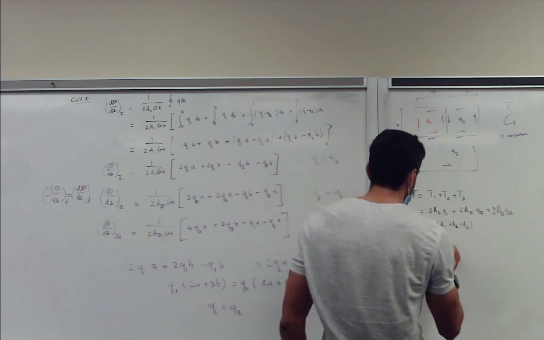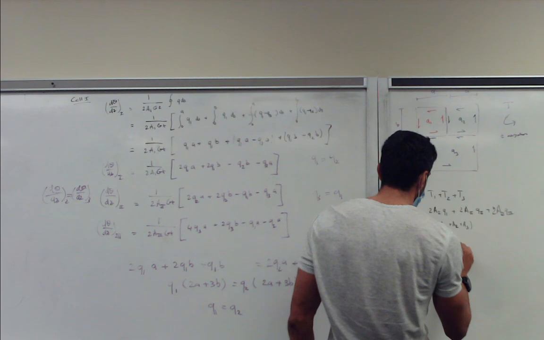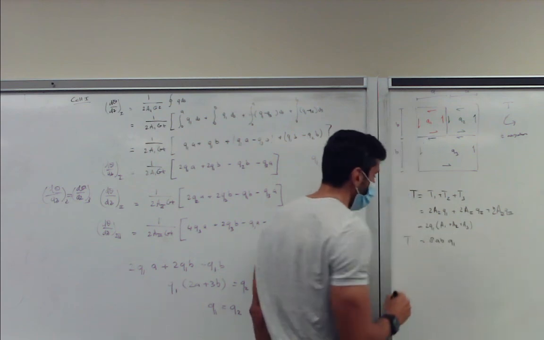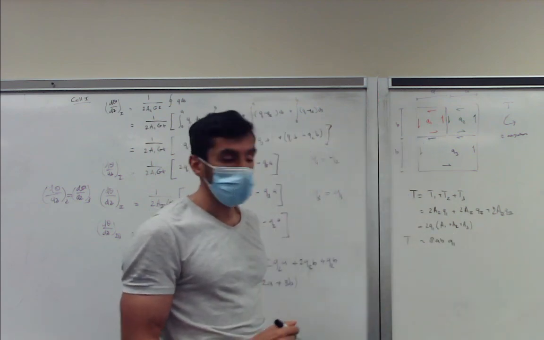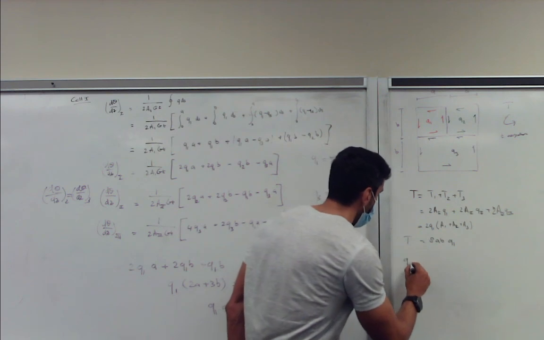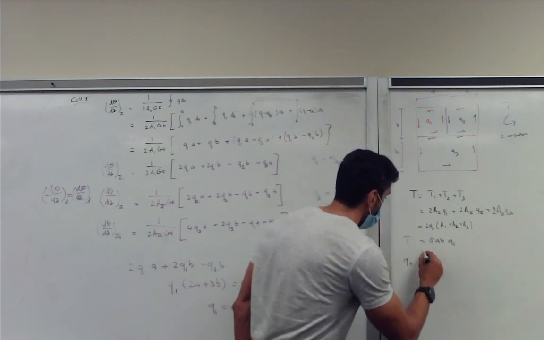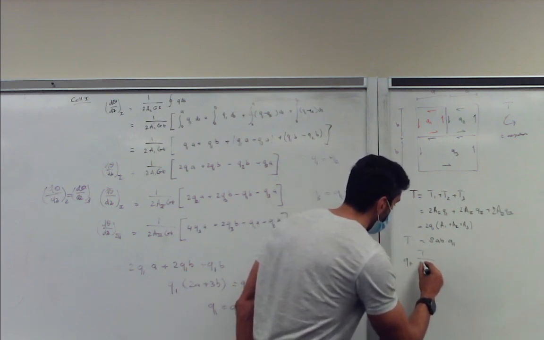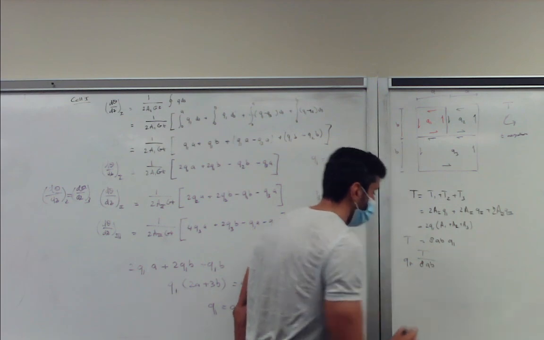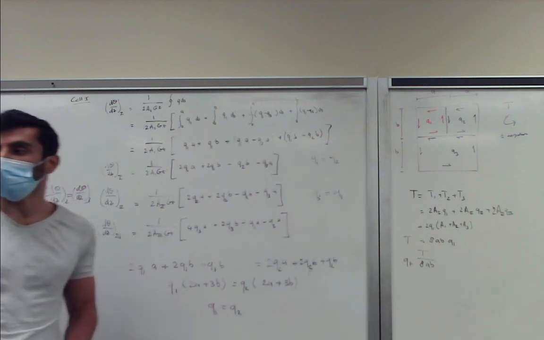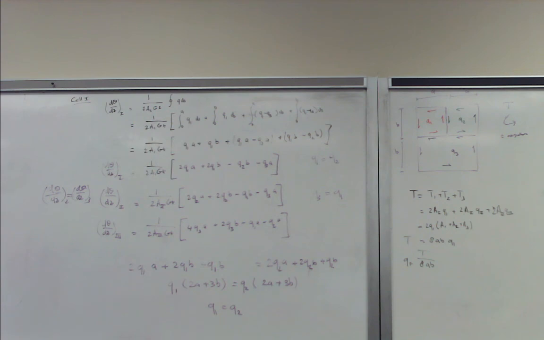So we get 8AB Q1. That's the total torque. If you want to solve for Q1, you get that Q1 is equal to the total torque applied divided by 8AB. That will be the last step. So now you have determined what the shear flow is in each cell based on the total torque.